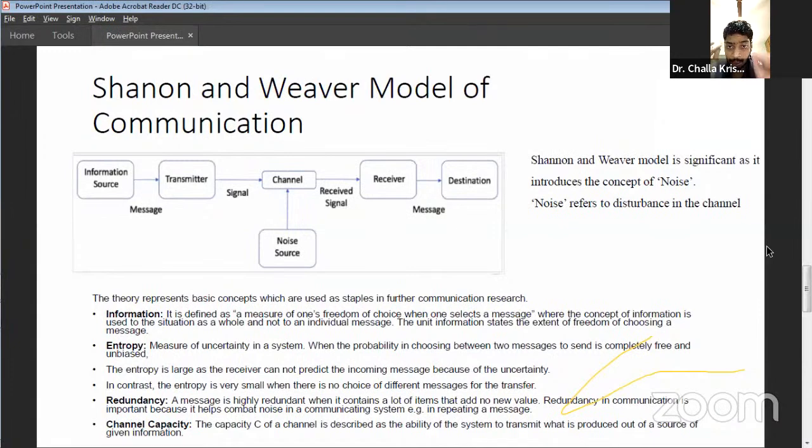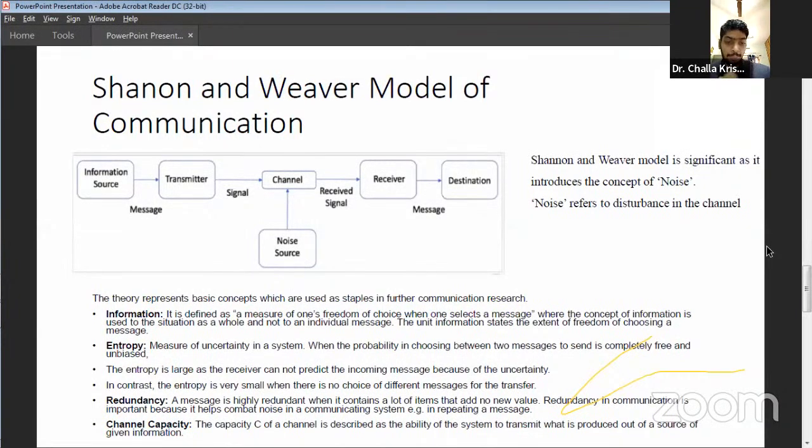The signal that you receive from the speaker is converted back into an oral message. But if there are connection problems, then there are disruptions, and you don't clearly get the message. And finally it reaches the destination. So the Shannon and Weaver model can be applied to technology.